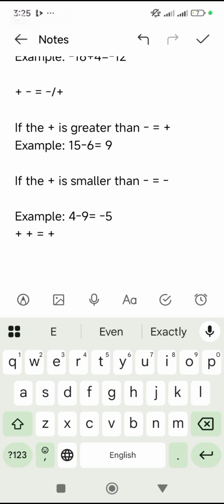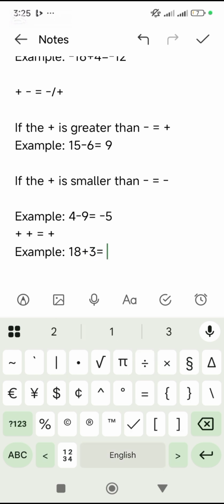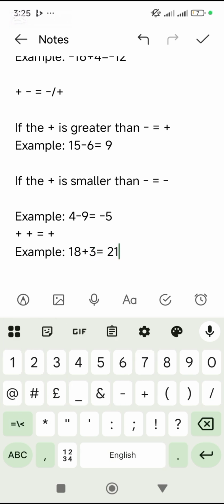Okay, so we have an example, say 18 plus 3. 18 plus 3 is 21, and you know that 21 has plus already.